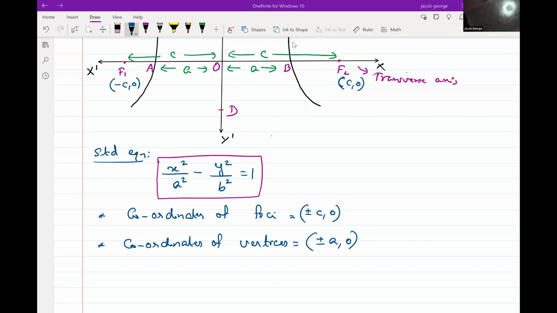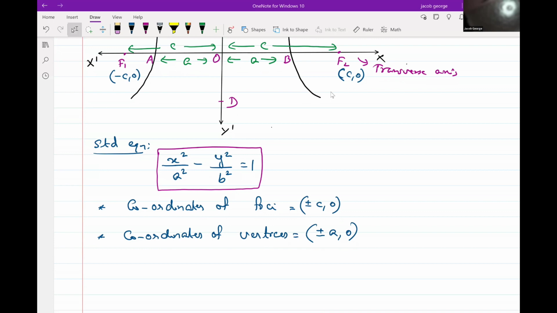It is diverging. In the ellipse, it was a converging curve. That is why there is a plus sign in the middle. So it is diverging in hyperbola, which means the branches deviate from each other. That is why there is a minus in the middle of that formula. In circle, ellipse, all these curves, they were converging curves.